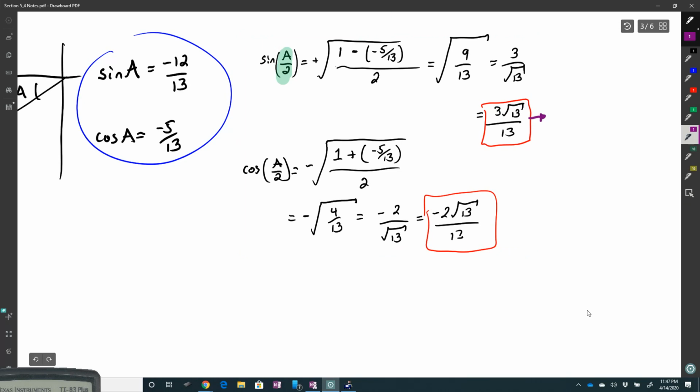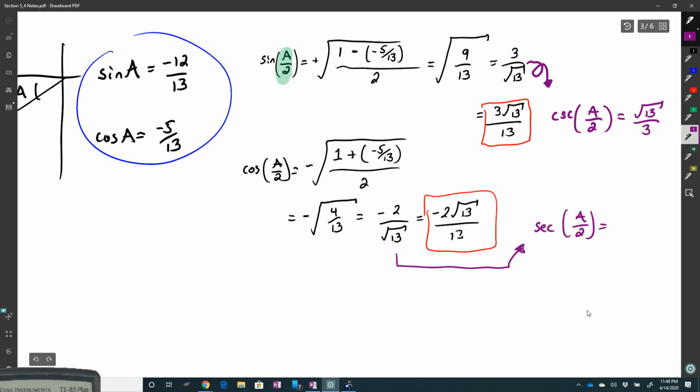So for cosecant of A over 2, I'm going to use the flipped version of sine, and so cosecant would be square root of 13 over 3. Same thing for secant: I'm going to use the flipped version, and so my secant of A over 2 is going to be negative square root of 13 over 2.